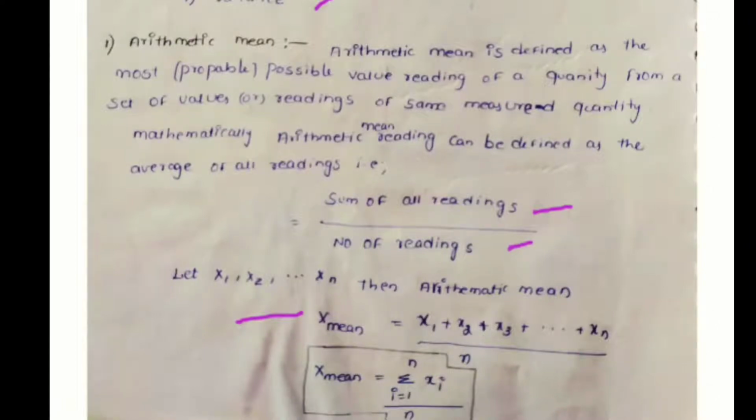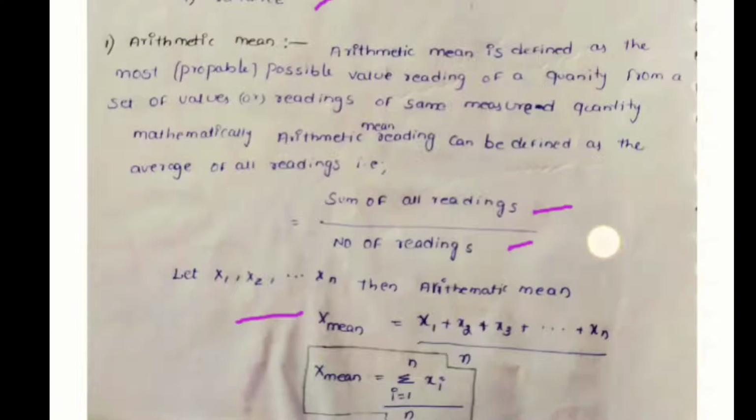It is simply the average of so many values, x1 plus x2 and so on up to xn, divided by n readings. That is the arithmetic mean. The important points in the statistical analysis of random errors are arithmetic mean, median, standard deviation and variance. Arithmetic mean is simply the average of so many values.